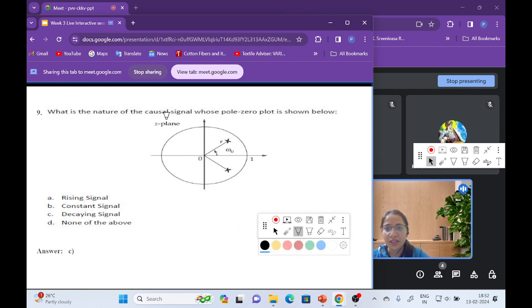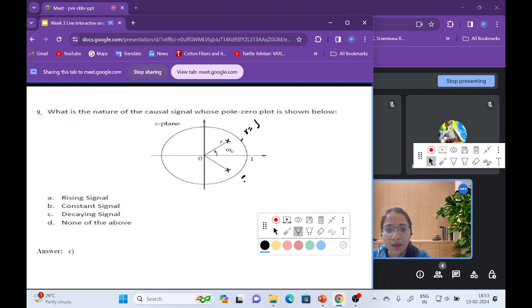So what is the nature of the causal signal whose pole zero plot is given below? As you know, this is the real part and this is the imaginary, and overall this is the z plane, and already you have seen in the video lecture this is the unit circle where r is equal to 1.